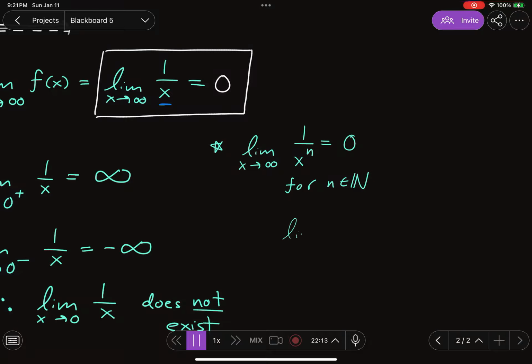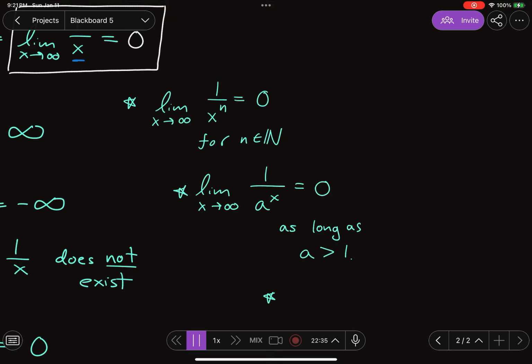The limit as x approaches infinity of 1 over a to the power of x is equal to 0 as long as a is a real number bigger than 1. That's really important.